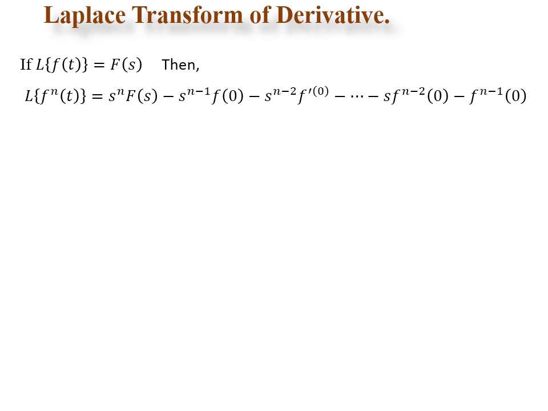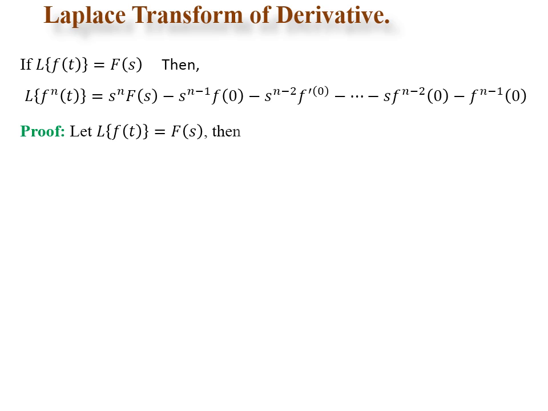If we put n equals 1, then it will be the Laplace transform of the first order derivative. So L{f'(t)} equals s F(s) minus f(0) only, and the rest of the terms we can neglect here.